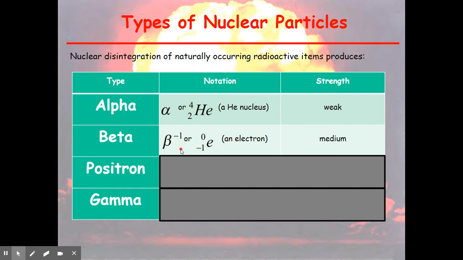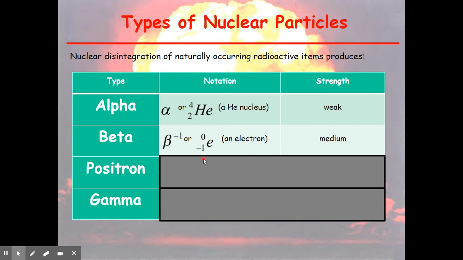If it is acting as a beta particle, it is a fairly small particle, so it can get through lots of things. This -1 number comes from the fact that a beta particle is formed from the disintegration of a neutron into a proton and a beta particle. We don't go into that, but it does have a negative number, -1 atomic number, so to speak. It'll make sense when we get into some equations that we're going to do.